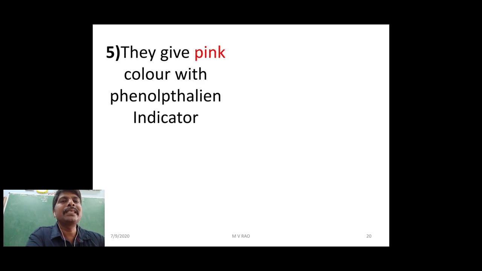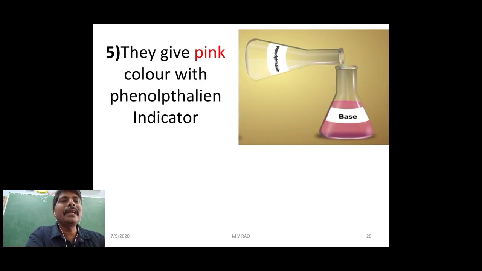Next one is they give pink color with phenolphthalein indicator. Children, you remember like this: BPP. B for base, P for pink color, P for phenolphthalein indicator. Bases give pink color with phenolphthalein indicator.